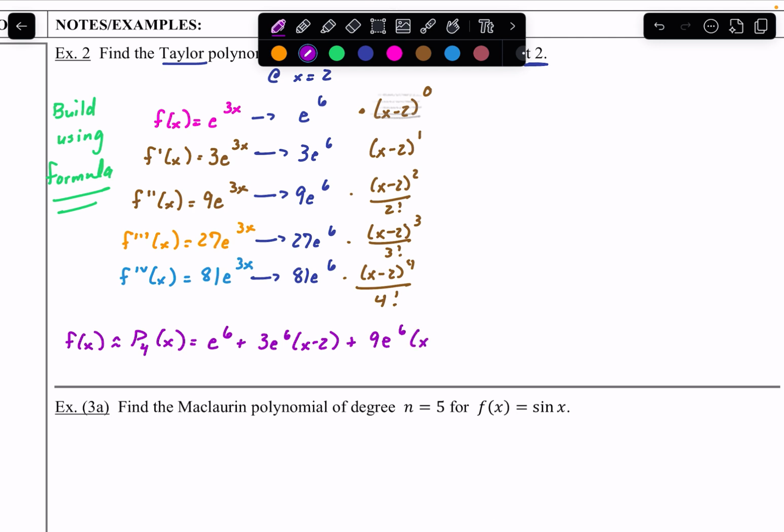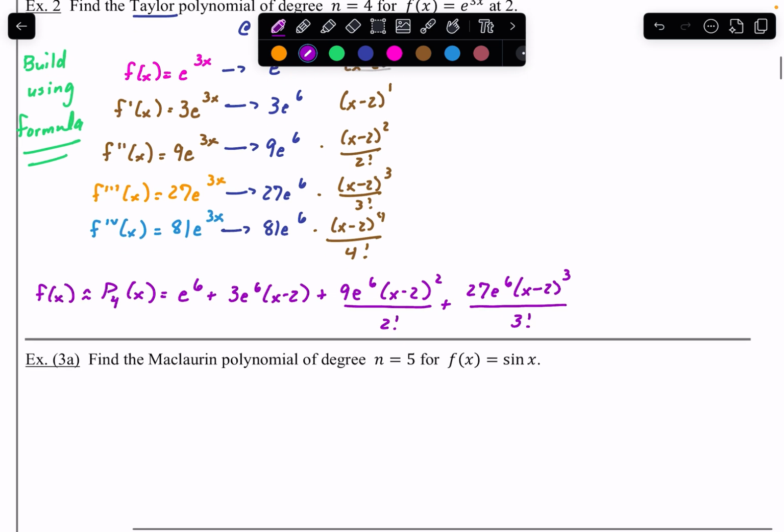It's a constant. x minus 2 squared over 2 factorial plus 27e to the 6th x minus 2 cubed over 3 factorial. I need one more to make it a 4th degree. Let's see if I can squeeze that in here. 81e to the 6th. Almost jumped past that. x minus 2 to the 4th over 4 factorial.